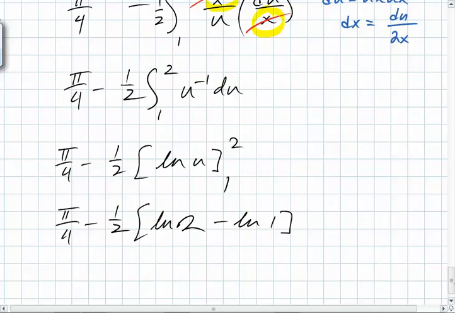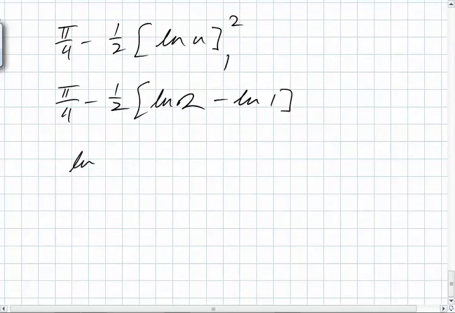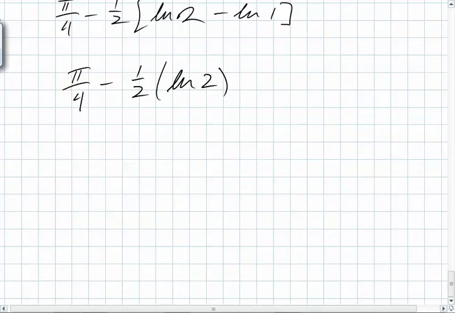So you end up with pi over 4 minus 1/2 ln 2, and you guys like adding fractions, so you can multiply by 2 over 2 and end up with pi minus 2 ln 2 all over 4. Sure, go right ahead. Totally fine.